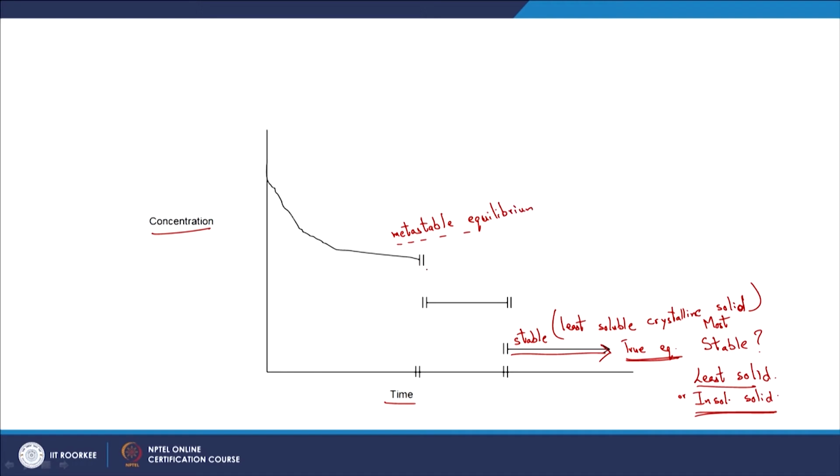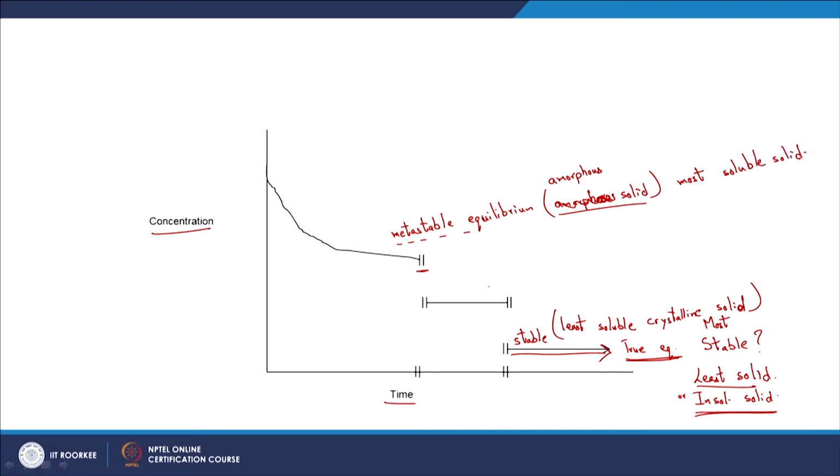So, in the first stage, what am I going to form? As we looked at earlier, we are going to form the amorphous form of the solid, right. Obviously, this is the most soluble solid, right.